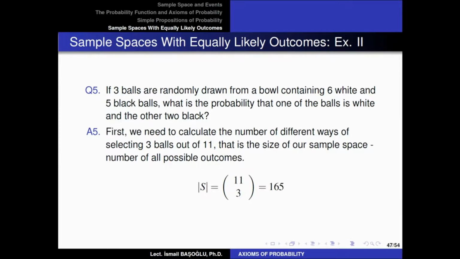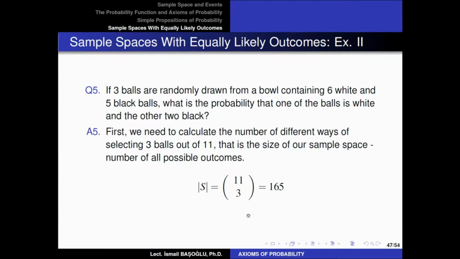We have learned in combinatorial analysis that we can create 11 choose 3 many subsets from a set of 11 elements if we want to create 3 element subsets, right? So 11 choose 3 is the number of 3 element combinations of this set where we have 11 elements. So basically the sample space of this random experiment will have this many elements.